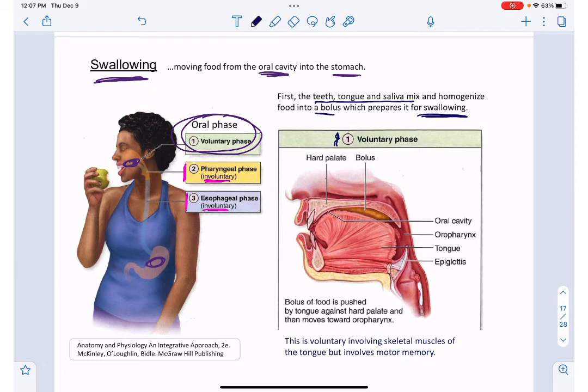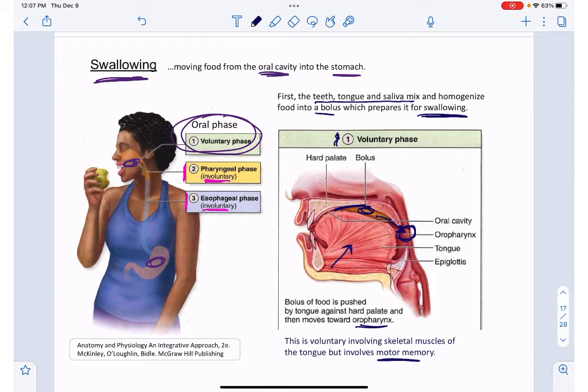And when you do that, the tongue pushes the food bolus up against the hard palate and then moves it backwards toward the oropharynx. And that's what the voluntary phase is. And something I want to point out is that it is voluntary. You decide when you want to swallow that food, but once you decide that, the actual process involves a lot of motor memory.